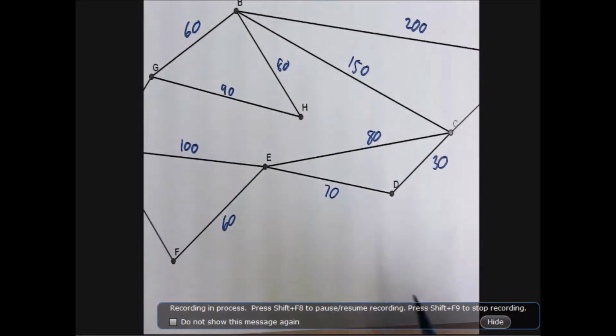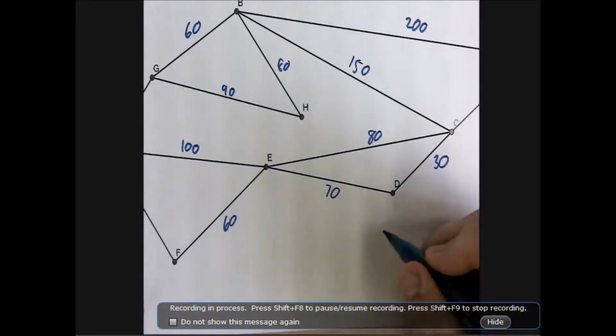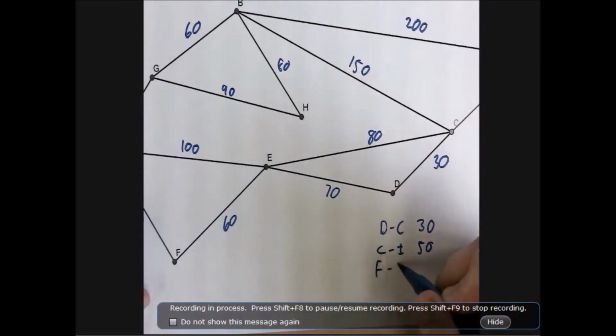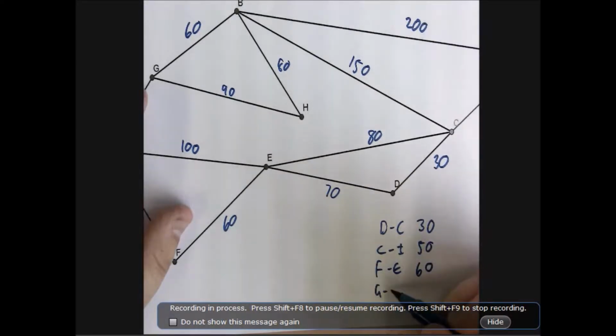The shortest path we have here is D to C, which is 30. The next shortest path is either F to E, or no, C to I, then F to E, 60, G to B, also 60.